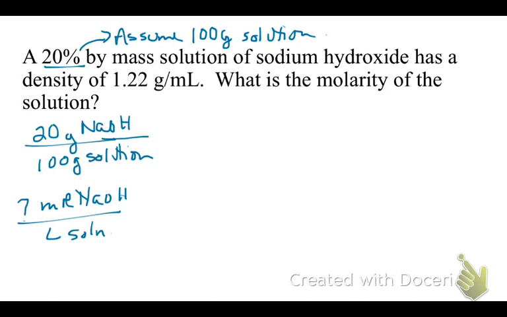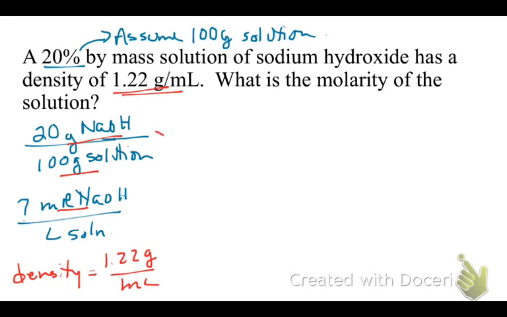If I have grams of the solute, can I get to moles? Yes, molar mass. If I have the mass of the solution and the density, can I get to the volume? Yes. Okay. 40.00 grams of sodium hydroxide in 1 mole of sodium hydroxide.